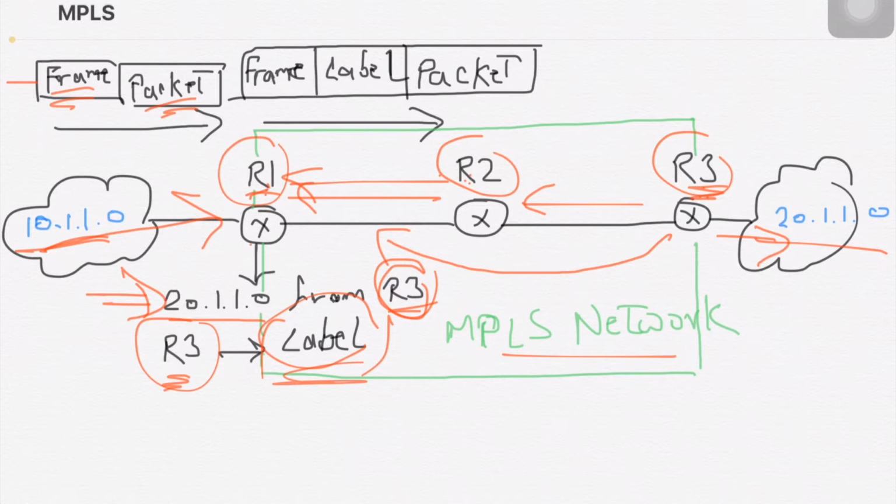And router 1, before it sends the packet inside the MPLS network, adds a label. It adds a label between the frame and the packet. This label represents router 3. It can now send all the packets with a label, and the label is inserted between the frame header and the packet header.